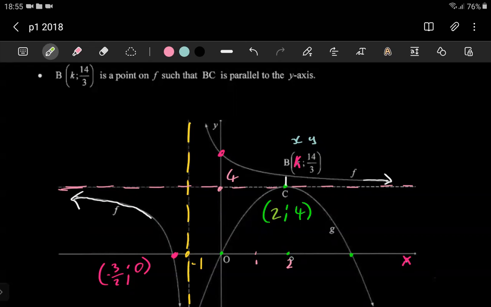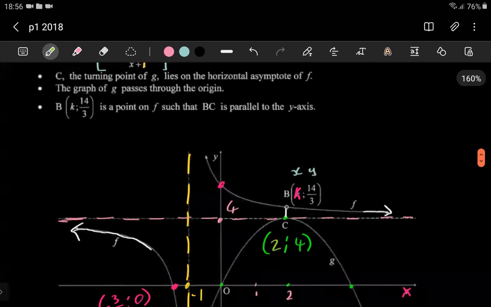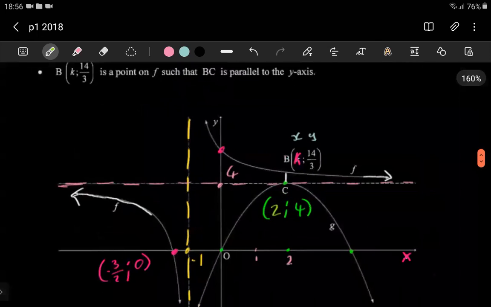And they told us that BC is parallel to the y-axis. If BC is parallel to the y-axis, it means that BC is a straight line going down, meaning the x value of B is also the x value of C. So yeah, we literally got an answer by mistake. Okay, not a mistake, but I wasn't even looking for it.